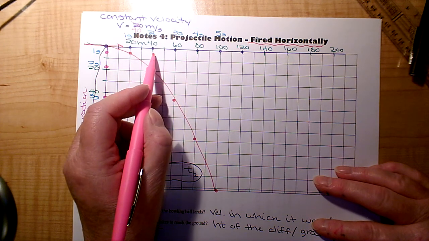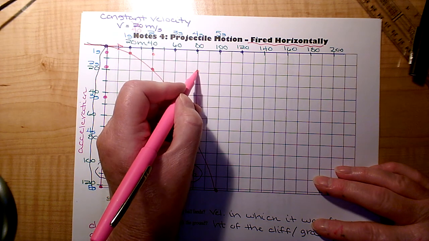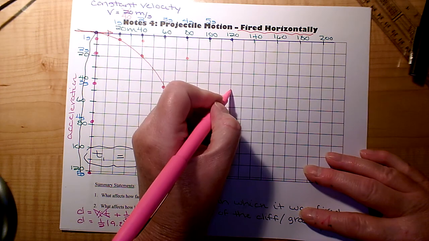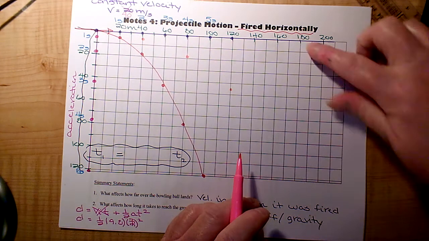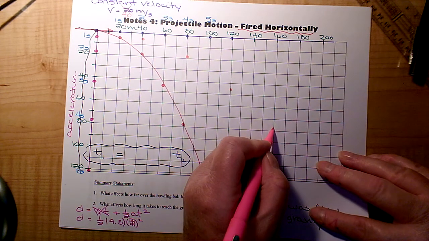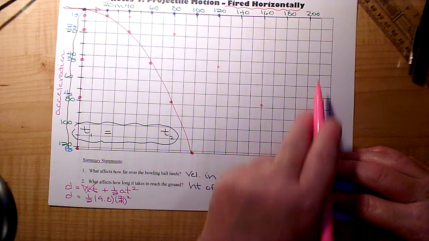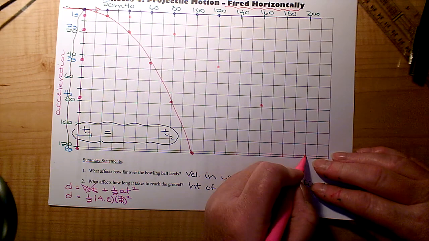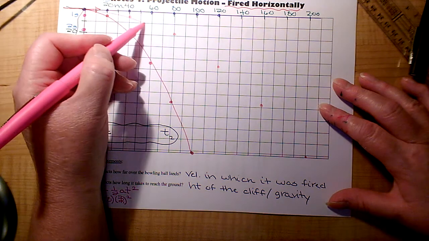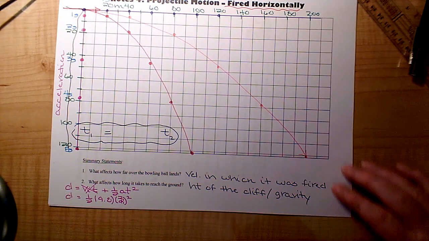After the second second it would have gone over 80, but it would still have fallen down the same amount. Third second, it would go over 120, fall down the same. Then 160, fall down the same. Then it'd be over to 200 and it would fall down the same. Again, it's another beautiful parabolic path coming down to the ground.